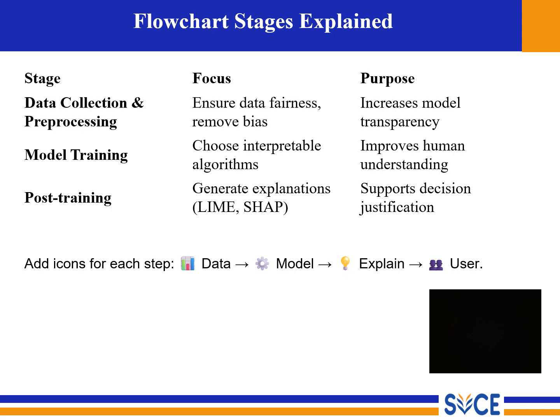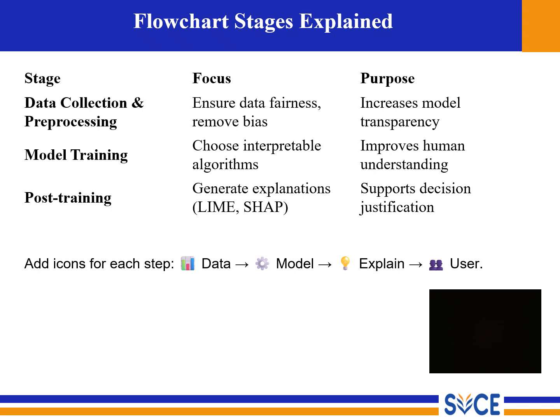Then the third one is post-training, which means after the training stage. If you used a complex model like a neural network, you apply tools like SHAP or LIME. These tools tell you which feature, marks, income level, or attendance, had the biggest impact on the selection.